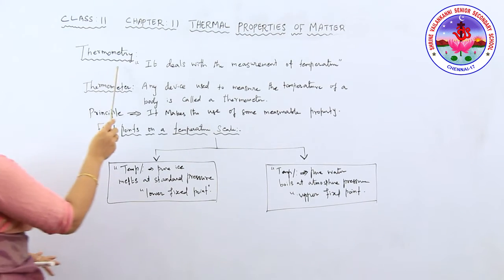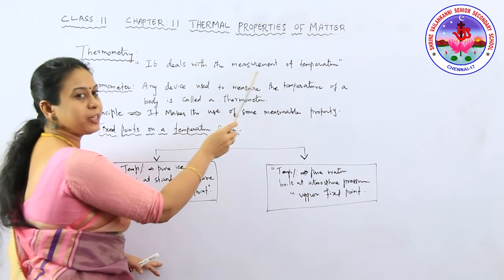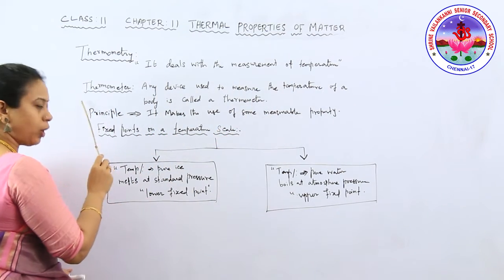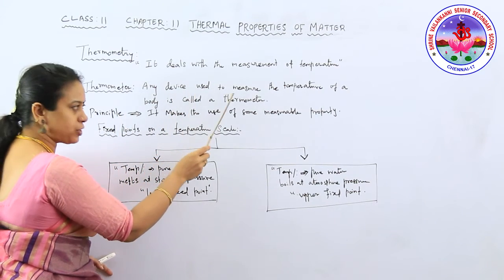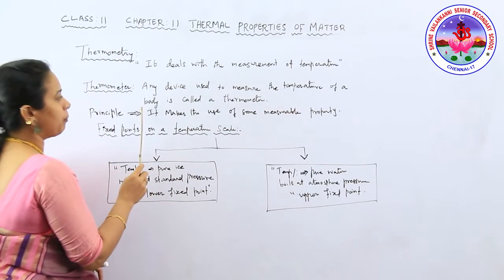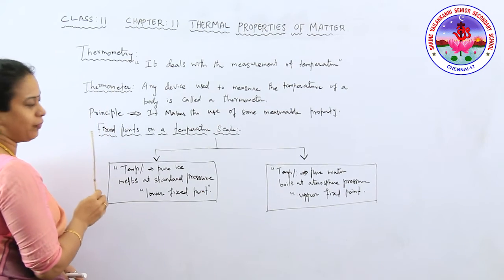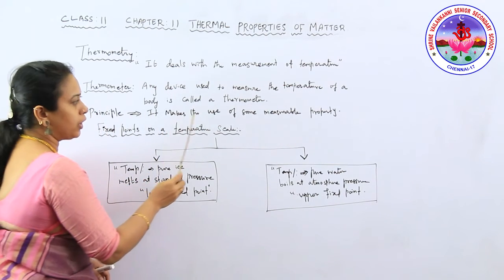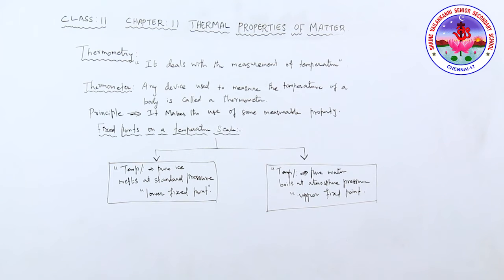Thermometry is a branch of physics that deals with the measurement of temperature. And a thermometer, as we know well, is a device used to measure the temperature of a body. The principle of the thermometer is that it makes use of some measurable property, called a thermometric property of a substance, which changes linearly with the temperature.